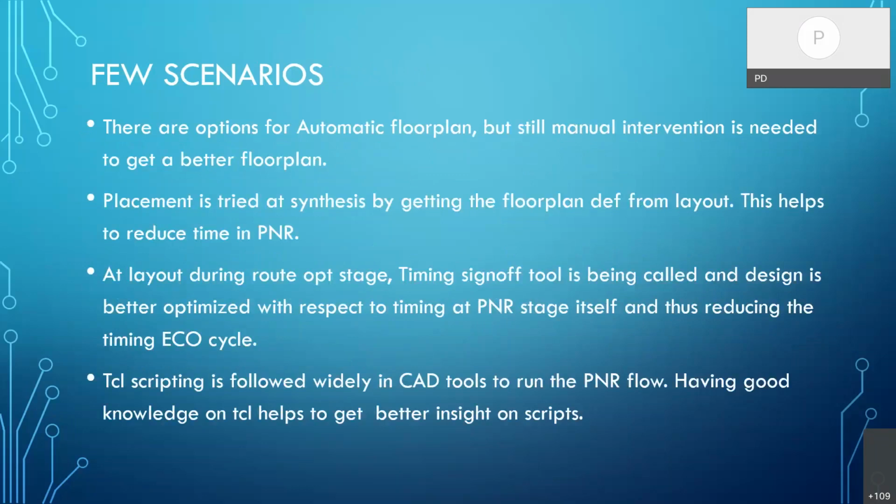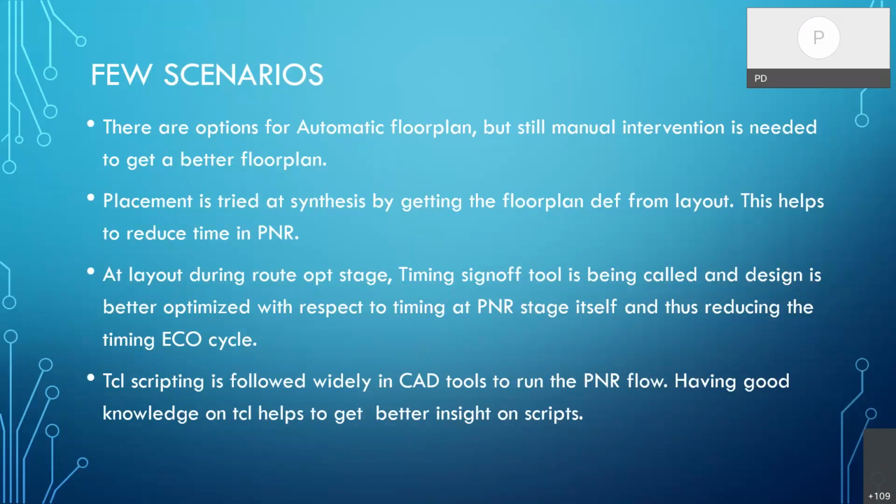So still, these are some things. Floor plan: there are tools to do the floor plan, to place all the macros and whatever floor plan rules we have studied. There are options to do it automatically, but we still need manual intervention to place as per the hierarchy, or to get a better floor plan.